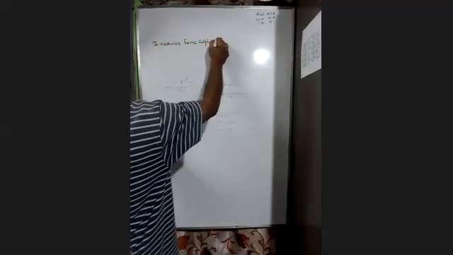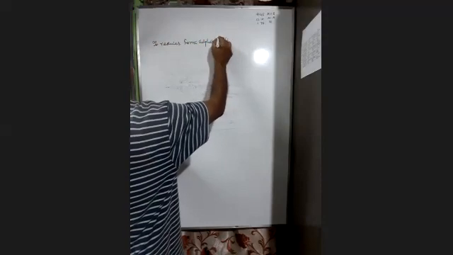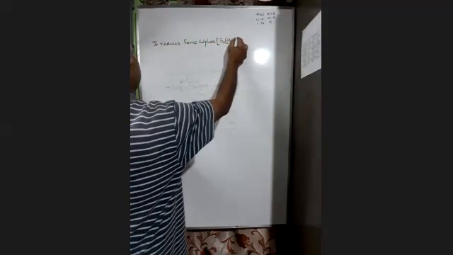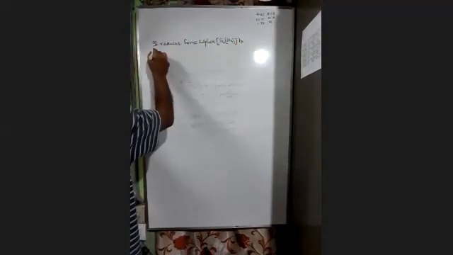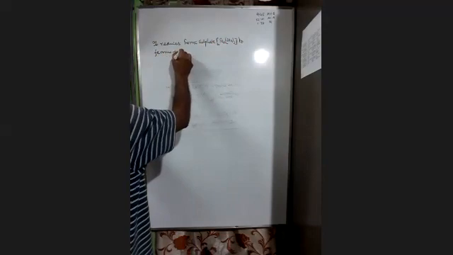What is the formula of ferric sulfate? Fe2(SO4)3 to ferrous sulfate.